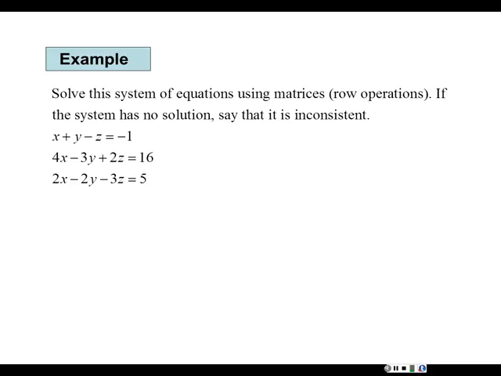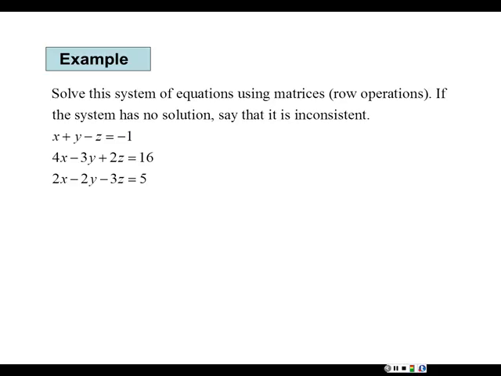Now what is next? We now want this element to be 0. What can we do? Multiply row 2 by 4, this becomes 4, and then add it with row 3. If you do this, this becomes 4 because you want this to be 0. That's the only option you have at this point.